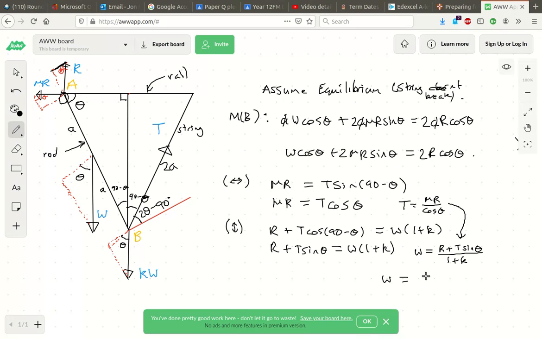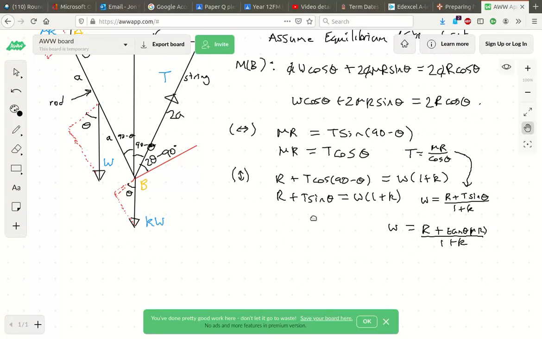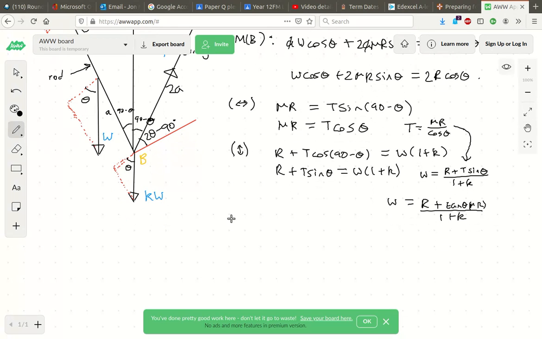So we're going to get R plus tan theta mu R, and I'll put that in brackets so it doesn't look like I'm applying tan to it. And so let's just quickly simplify that. What do we end up with? We end up with W equals R times (1 plus mu tan theta) over (1 plus k).